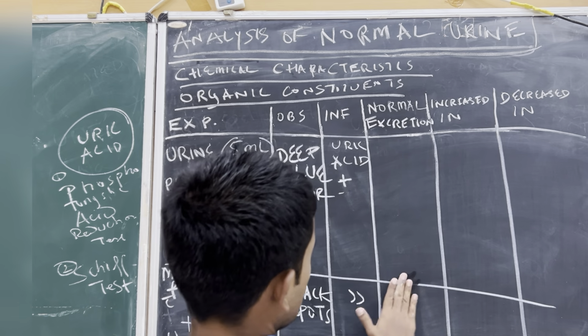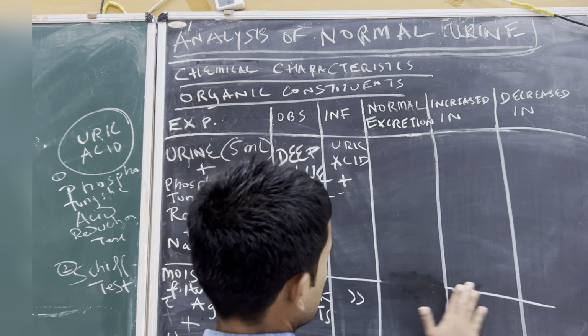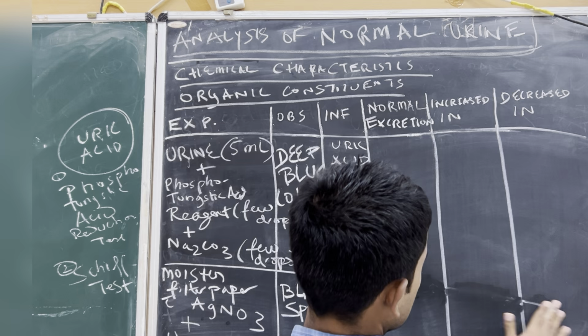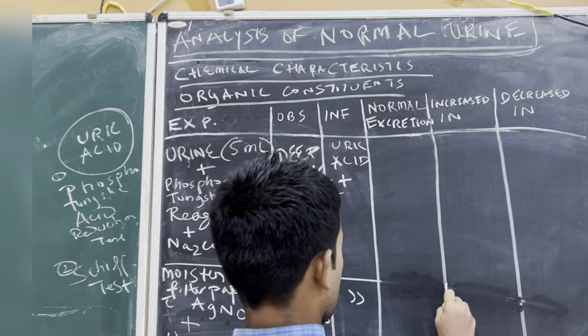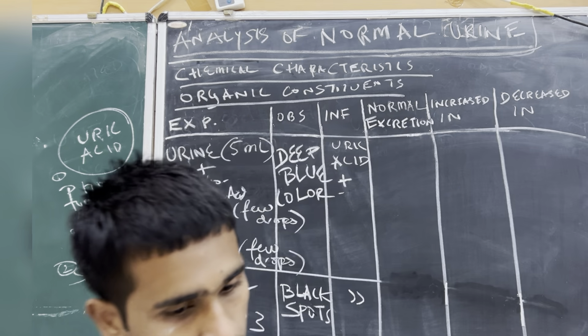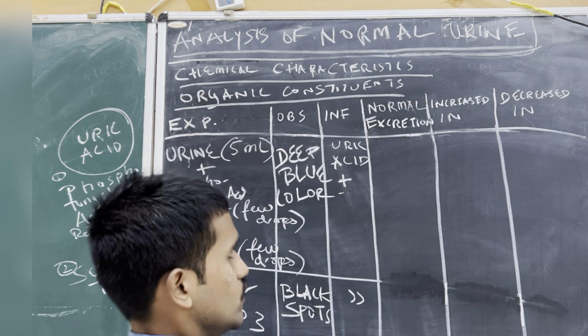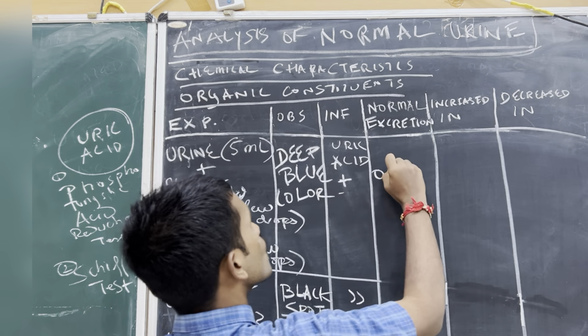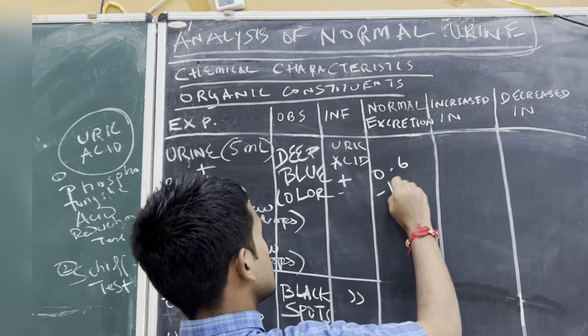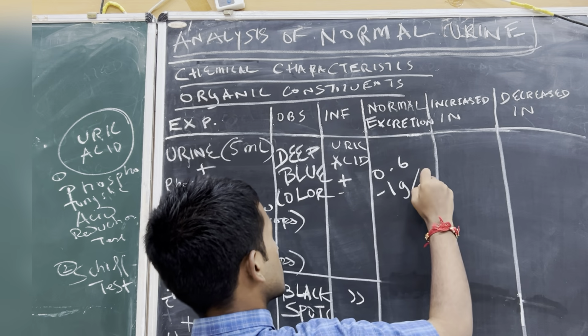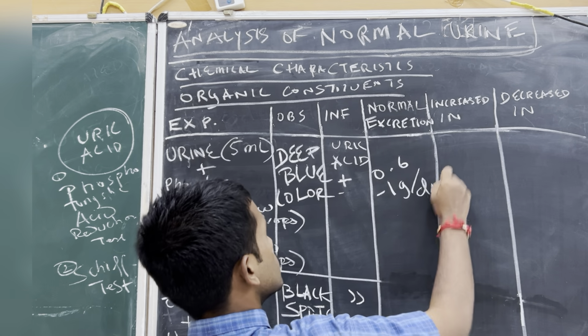Now to talk of normal excretion and which conditions increased and decreased. So normal excretion of uric acid in the urine is 0.6 to 1 gram per day.